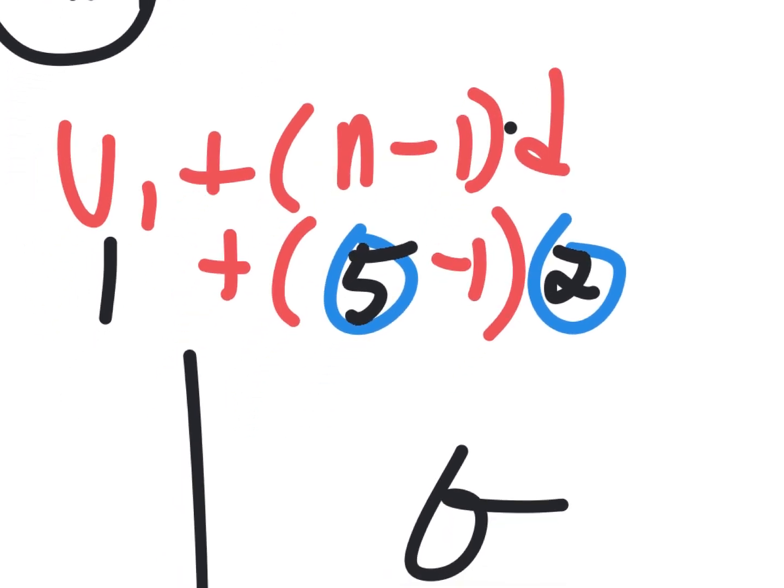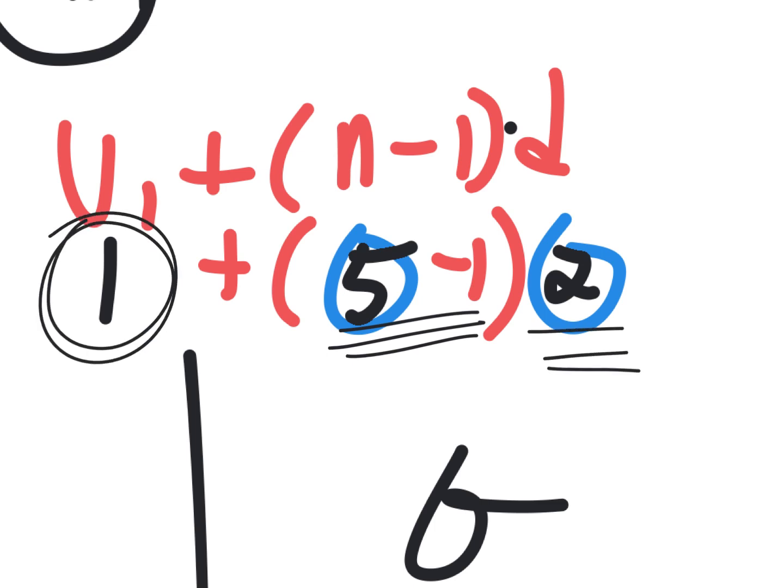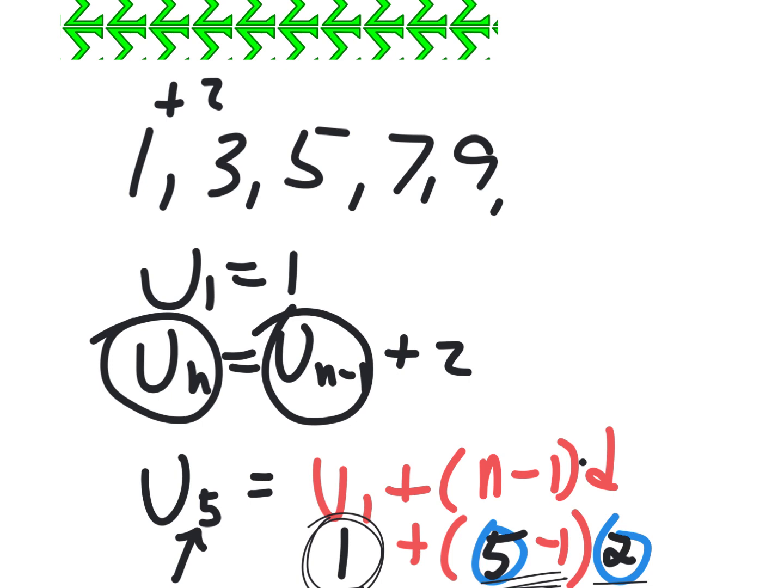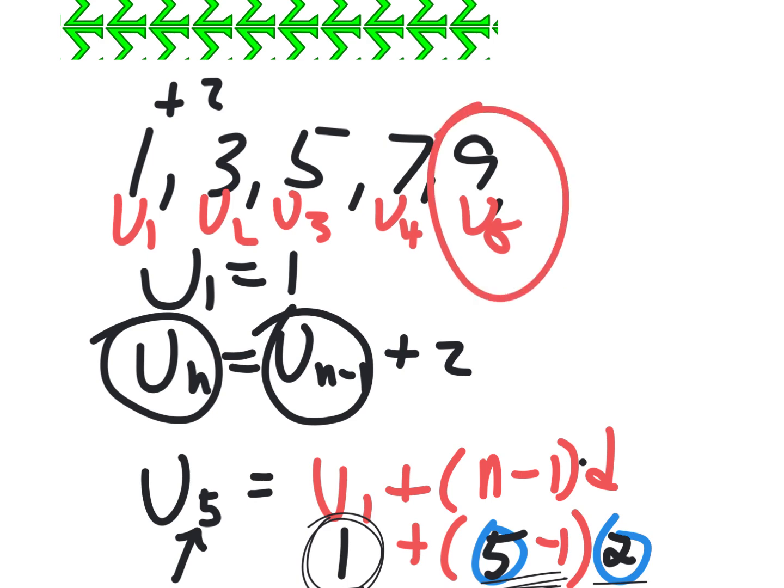All right, so then this is 4 sets of 2 get added to 1. 4 sets of 2 is 8 plus 1 is 9. So 9 is u sub 5. And if you just look here, u1, u2, u3, u4, and u5 was 9. Does that make sense? That's the old kind, the kind we just finished learning.